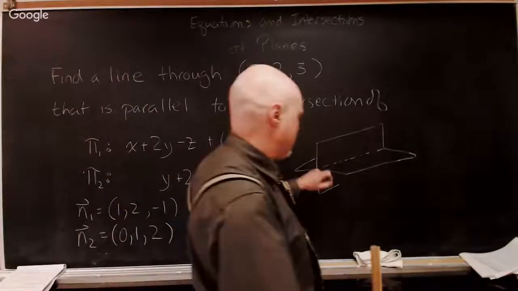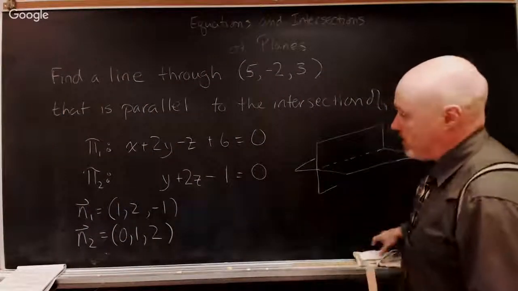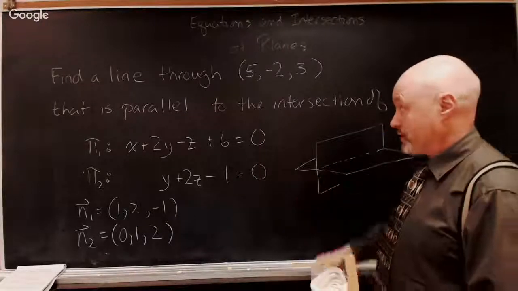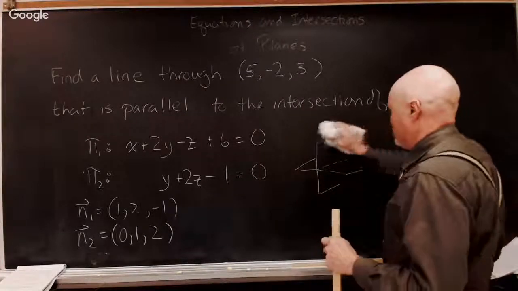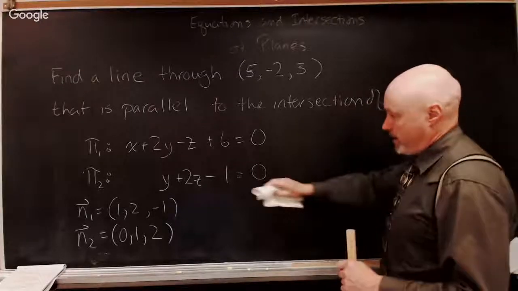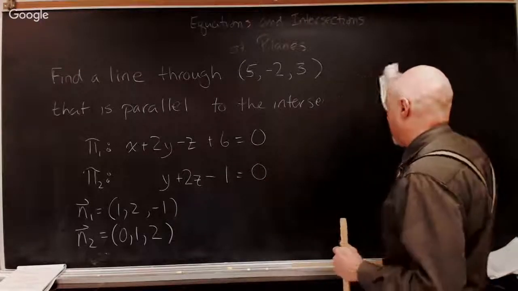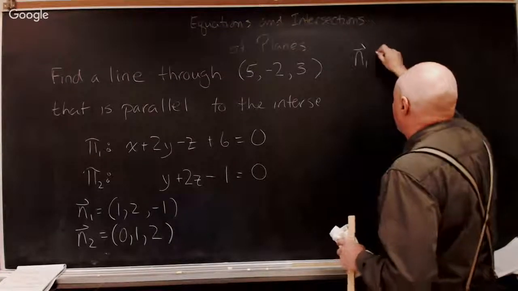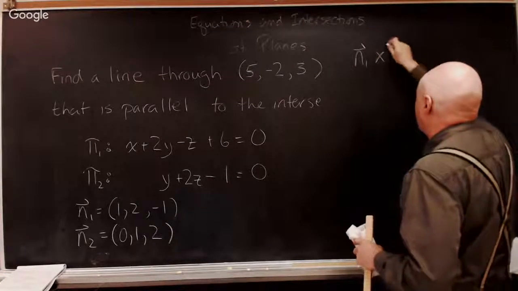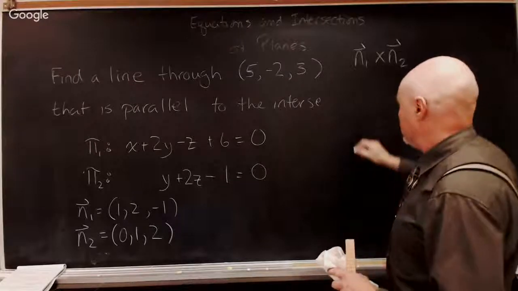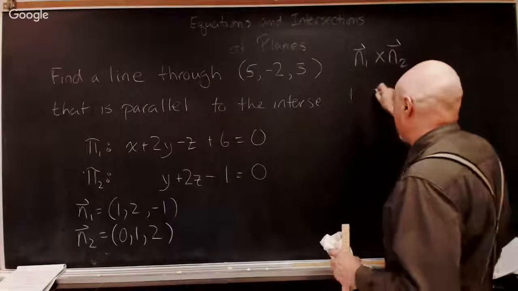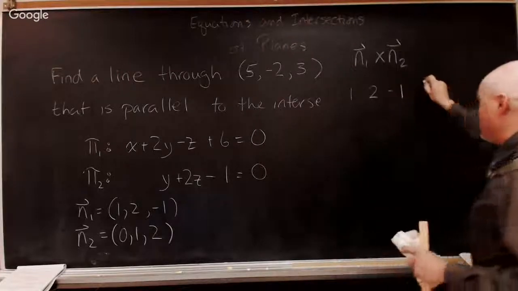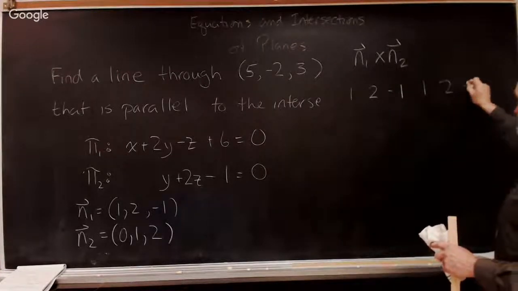And I want to find a vector that's perpendicular to those normal vectors, and that's going to tell me the direction of this line. And so I'm going to do it by finding the cross product of n1 by n2. So I'm going to do my cross product formula setup here.